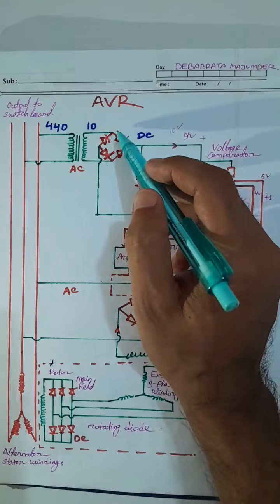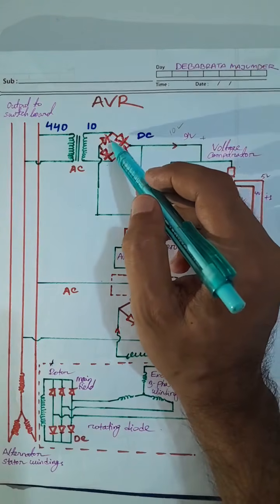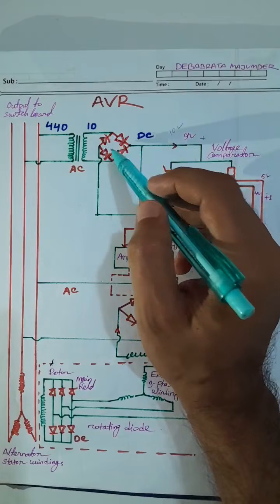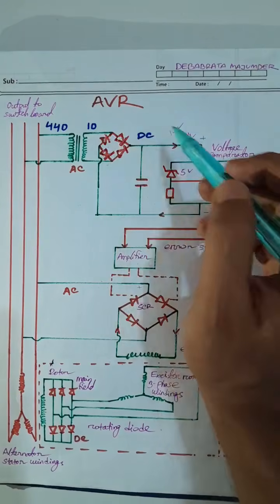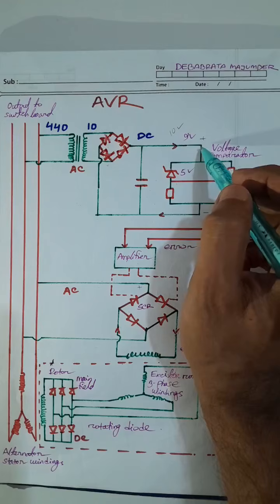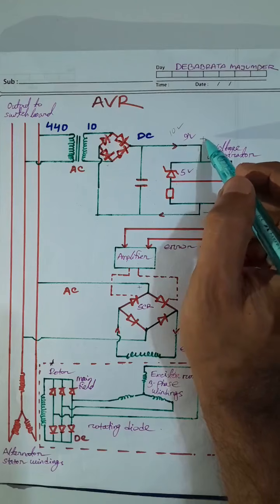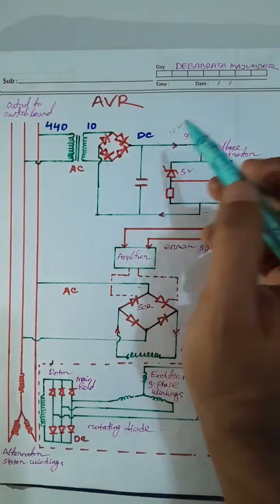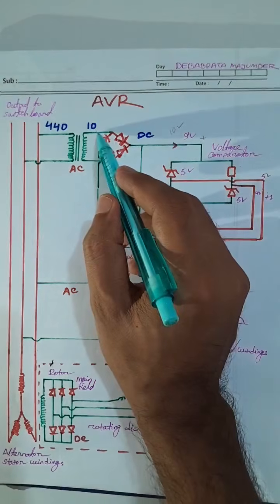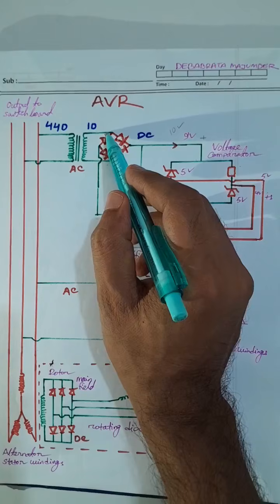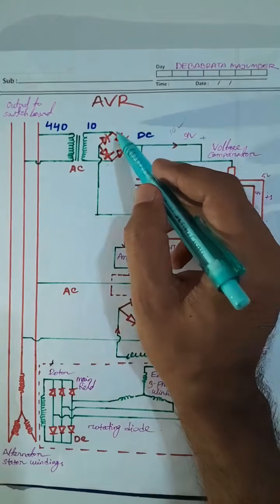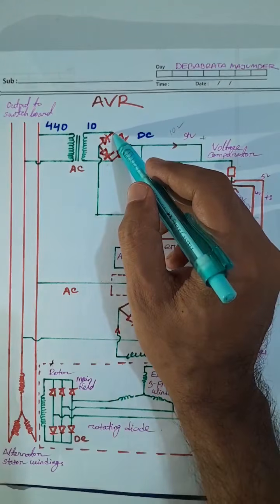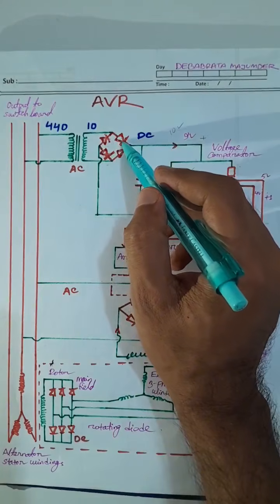So how does it work? This bridge rectifier works in such a way that the output end of this will always be positive. Now a question may arise. Whenever this end is positive, at that time the current flows this way.